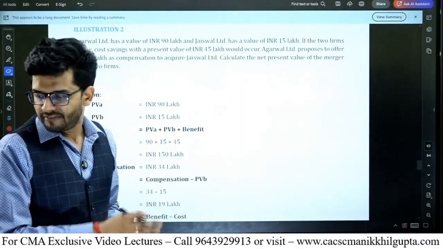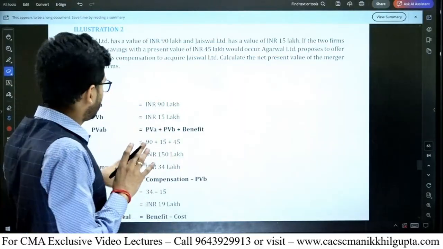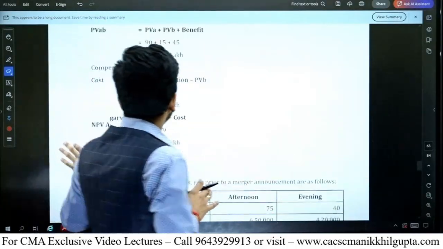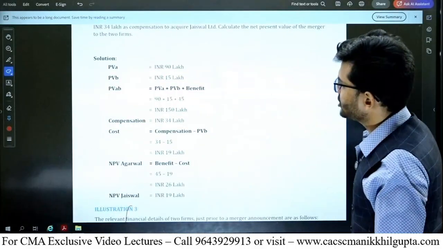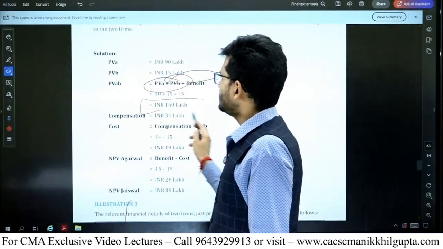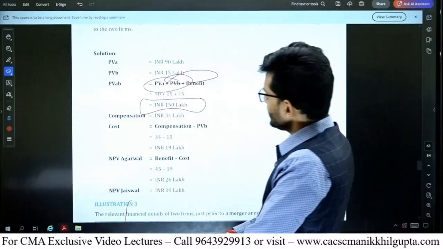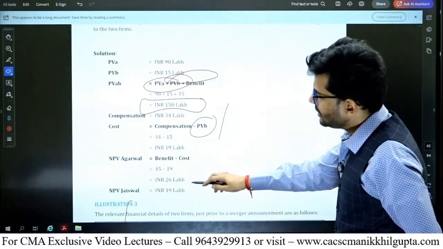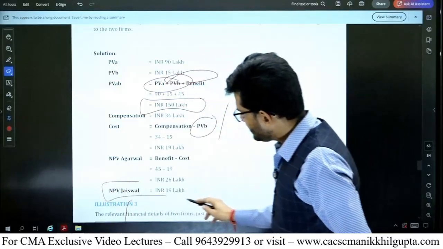Illustration number 2. A very easy and straightforward question. The cost of merger is required to be calculated: present value of A, present value of B plus benefit, which is the present value of the combined company. Compensation minus present value of B is required to be calculated. Then what is the NPV to Jaiswal?